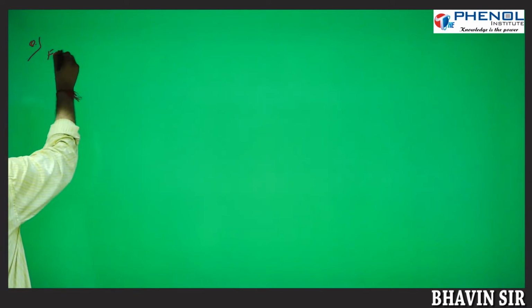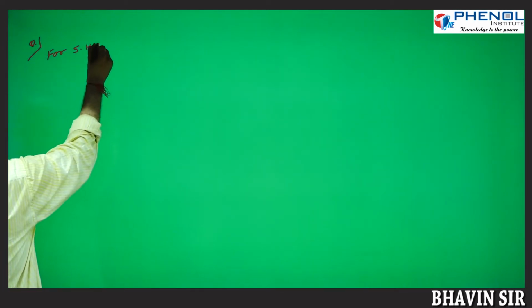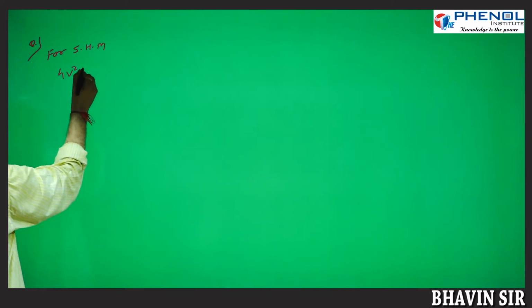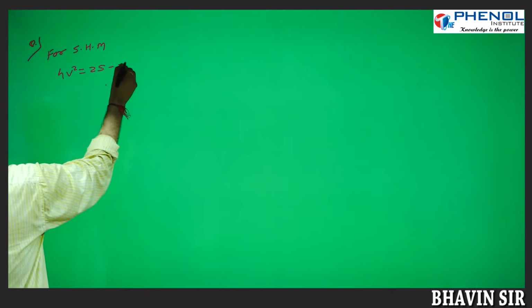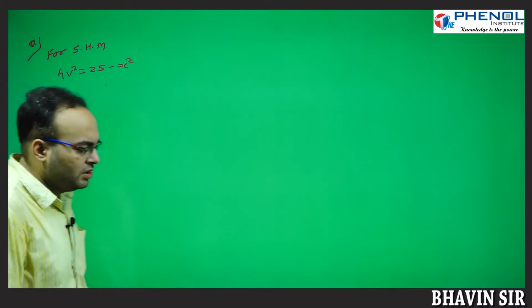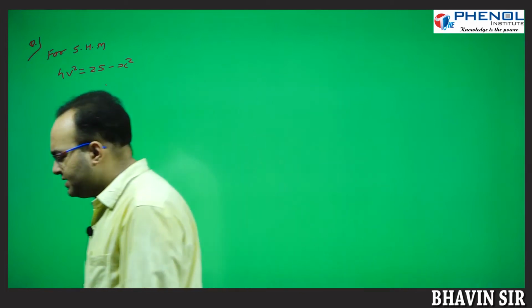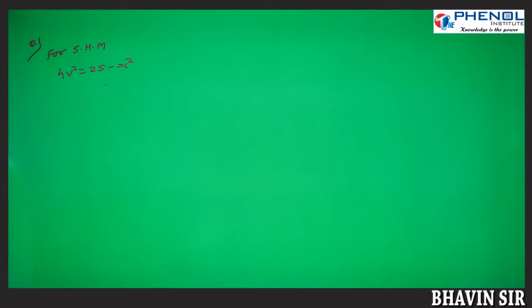For SHM, velocity is given by 4v square equal to 25 minus x square.